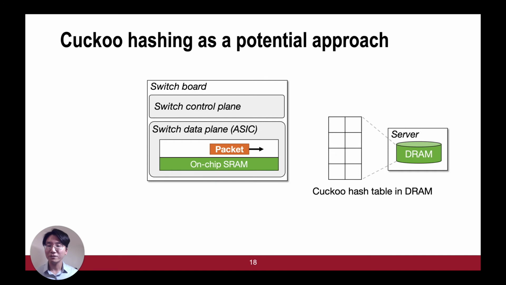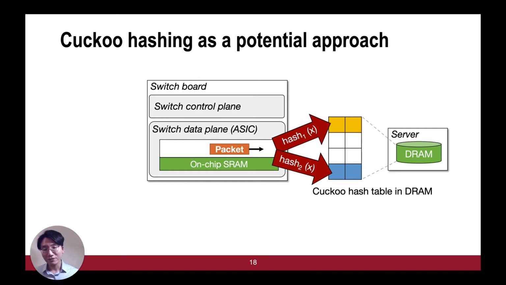The most common solution used for constant time table lookup within a switch hardware is cuckoo hashing. So we started from cuckoo hashing as a potential solution, and here let's see how it would work in our context. In a two-way cuckoo hashing, for example, when you look up an entry with a key, there are two candidate buckets where the value for the key can be located, which means it requires two memory accesses to retrieve the correct table entry.